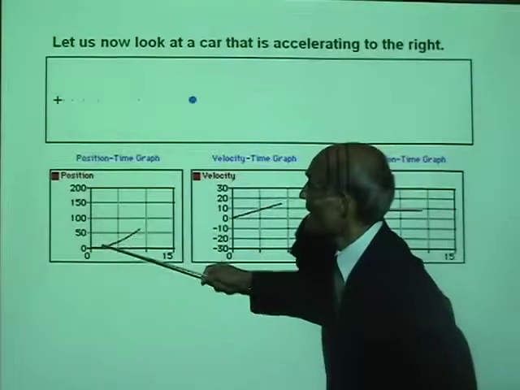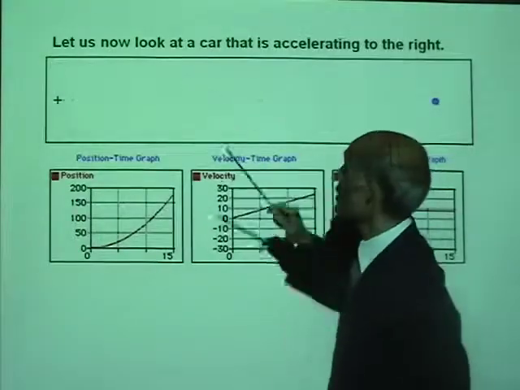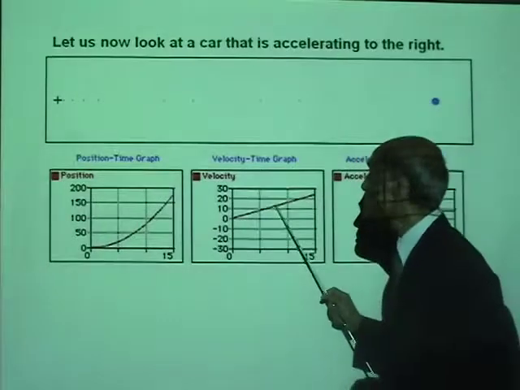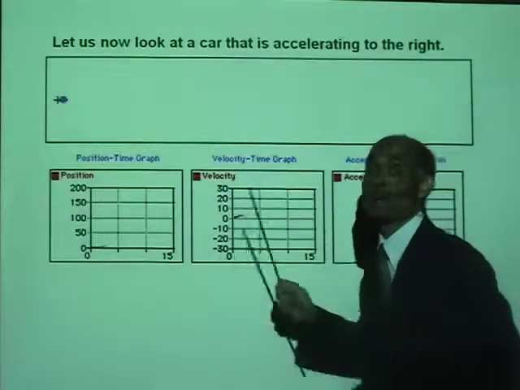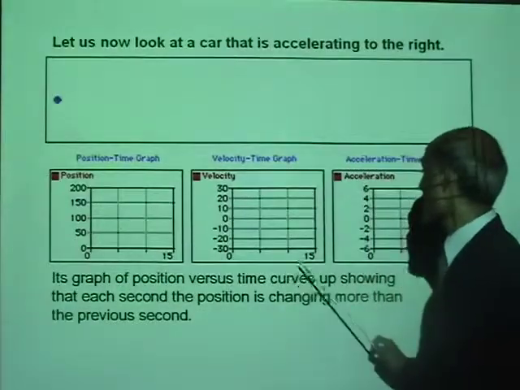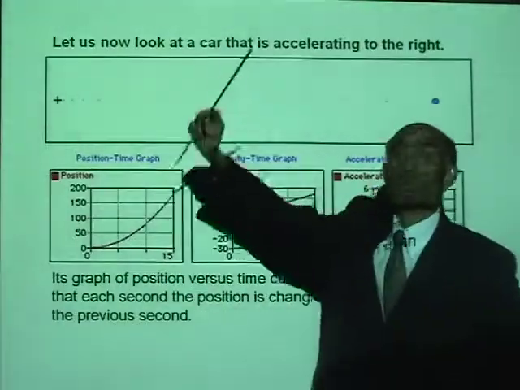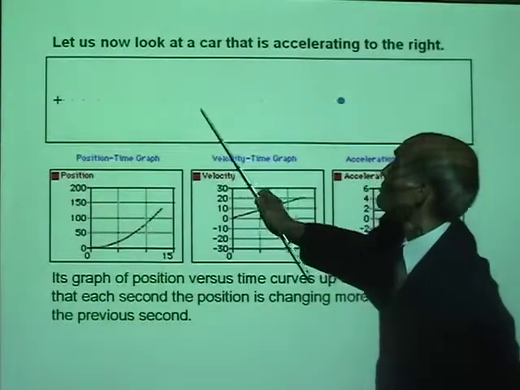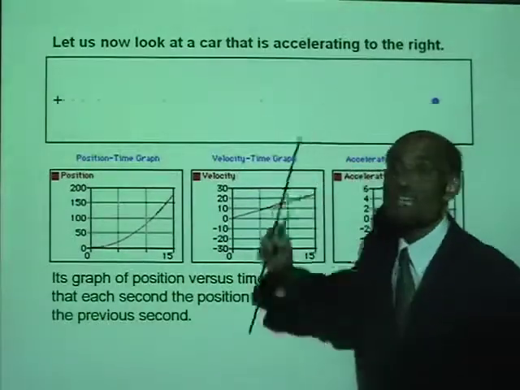It is a curve that is curving up. That means the velocity is continuously increasing. You got an acceleration. So the position versus time curves up, telling that the position changes greater and greater and greater each second.